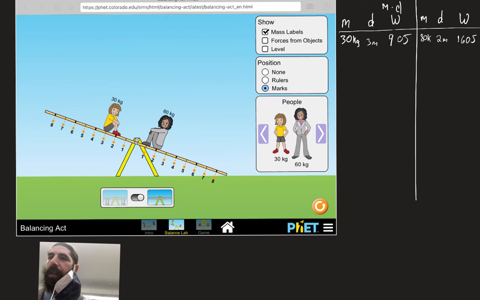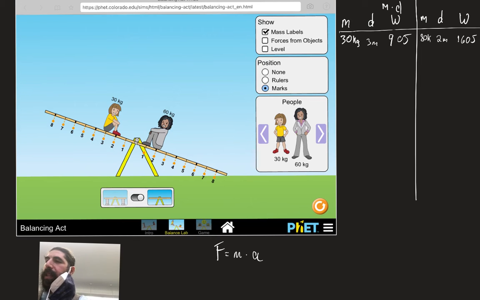Here's where we'll start our investigation. We're going to use this simulator, which you can access on Google Classroom, and a data table like this, where we note down the mass on one side and her distance from the center, and multiply them together to figure out the work. I can use mass times distance to get work because force is mass times acceleration.